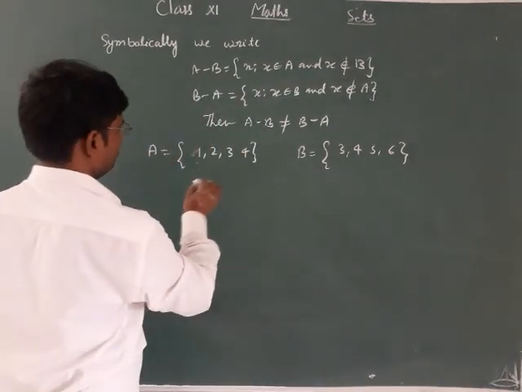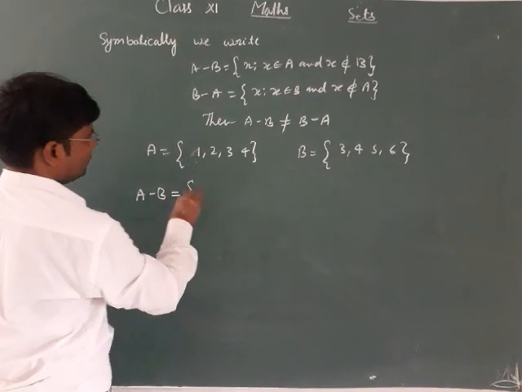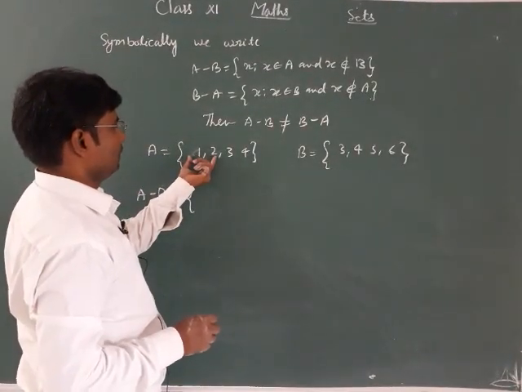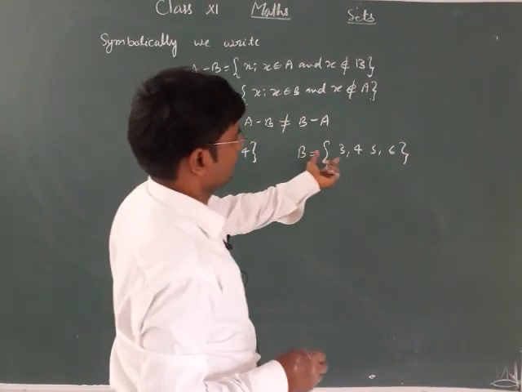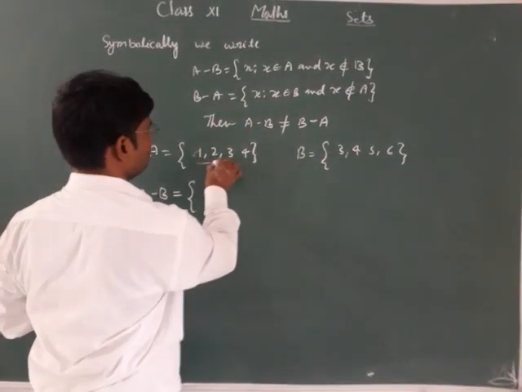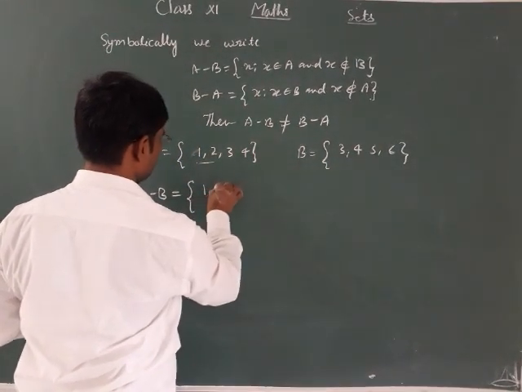So A minus B means those elements of set A that do not belong to set B. So 1, 2 do not belong to this set. So this is 1, 2.